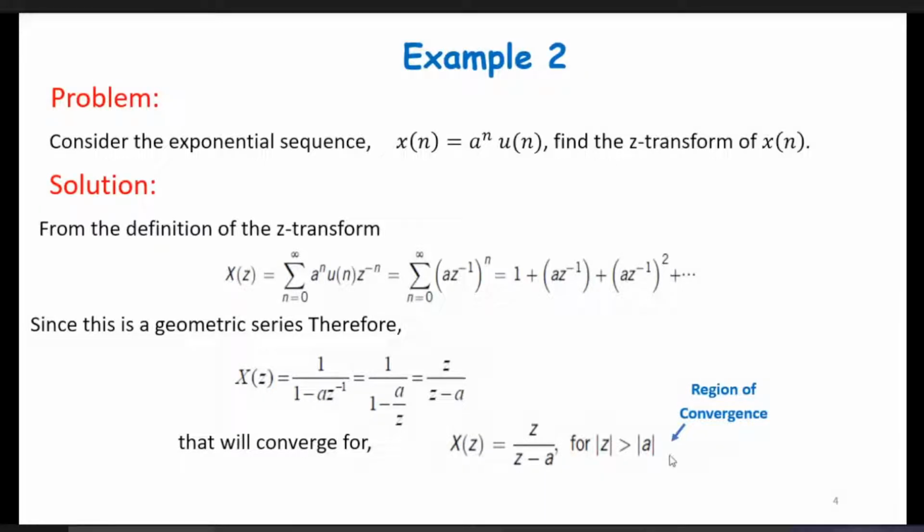Zeros are the values for which the function X(z) becomes 0, that means the magnitude becomes 0. And poles are the values for which the function becomes infinite. So at z equal to 0, the function's magnitude becomes 0. At z equal to a, the function's magnitude becomes infinity.